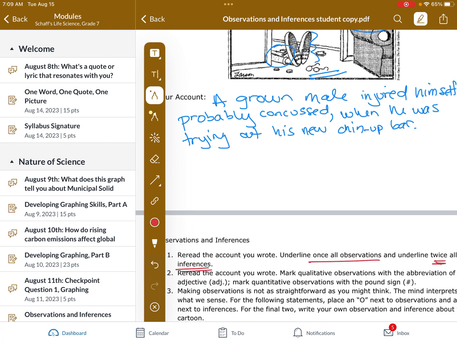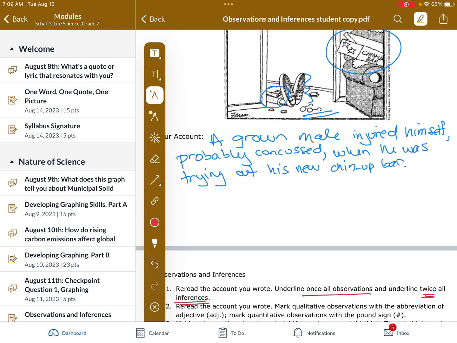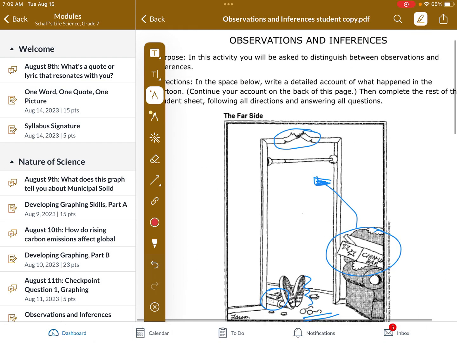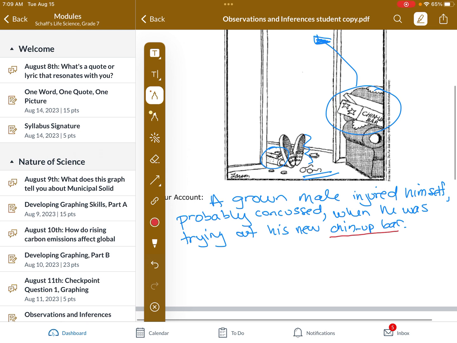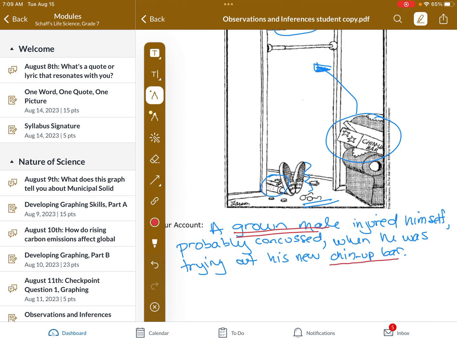And then observation once. So actually, none of these things I can actually underline for observation except for chin-up bar. There is a chin-up bar in the picture, but the rest of it is an inference because I don't actually know if he's a grown male because I can't talk to him or see more of him. Could just be a hairy-legged woman.